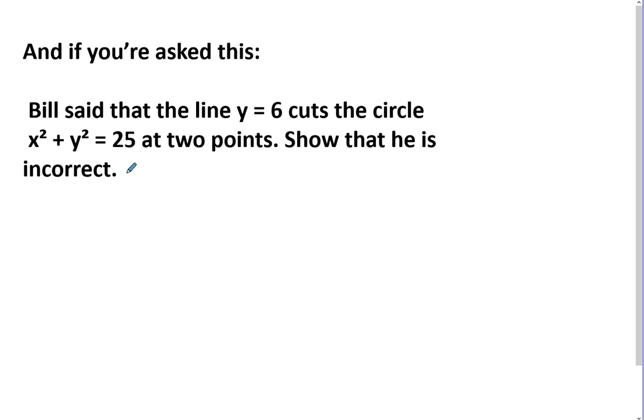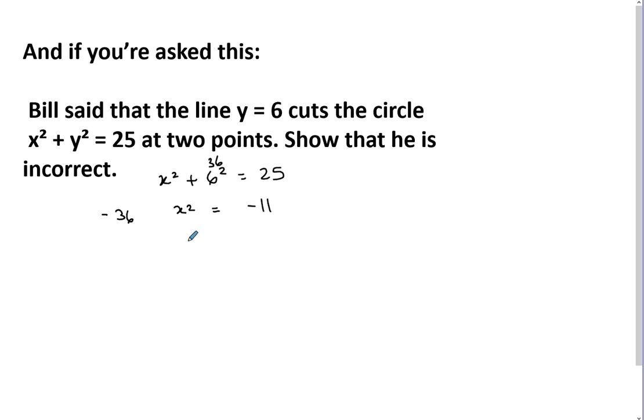Now here, all you've got to do is, you know y equals 6, so you just write x squared plus, and instead of y squared, you write 6 squared equals 25. And the 6 squared is 36. So if you minus the 36, you'll get x squared equals minus 11.